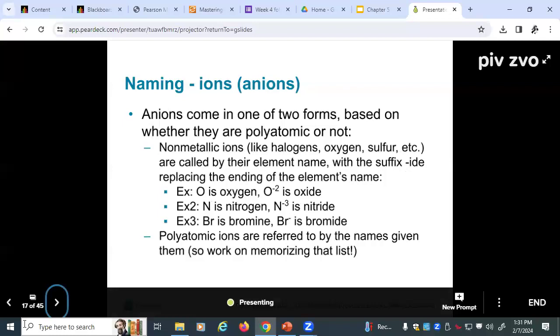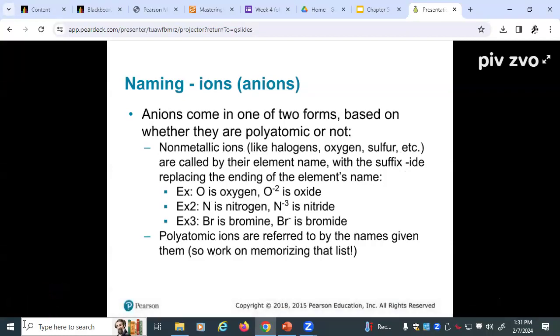On the anion side, it's a little bit simpler. Basically, there are two forms. There are the standalone nonmetals, and all you do with those is you change the ending of that element's name to IDE. The charges on those follow the periodic table charges that we've discussed before.